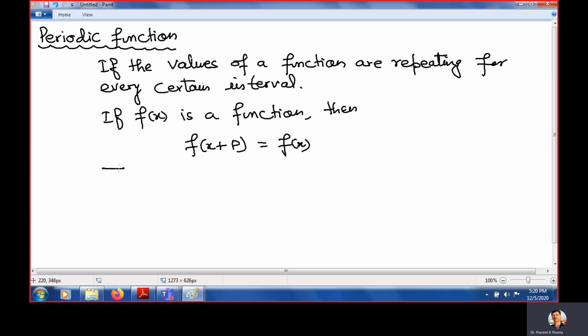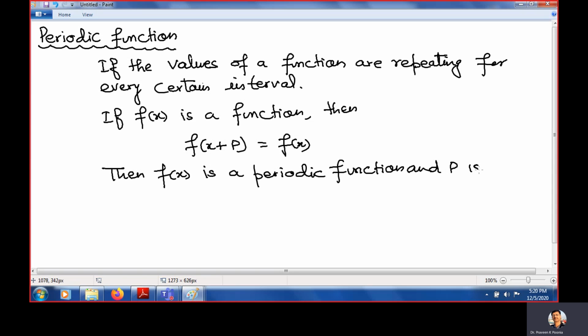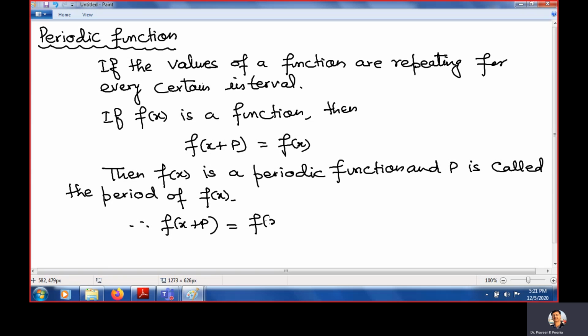Then f(x) is a periodic function, and p is called the period of f(x). Clear?